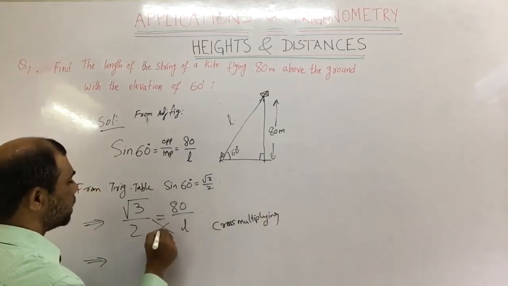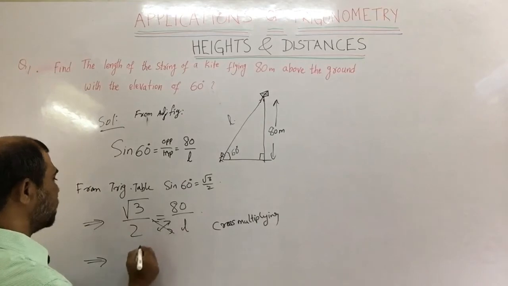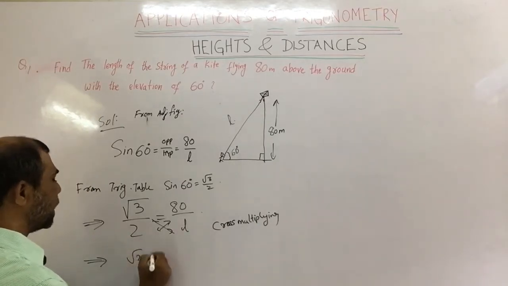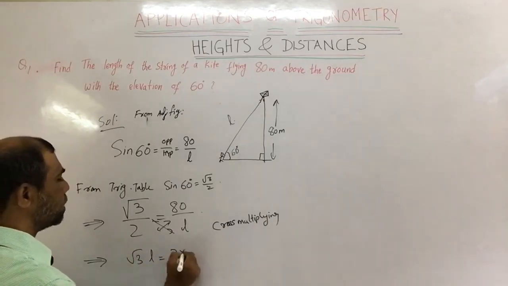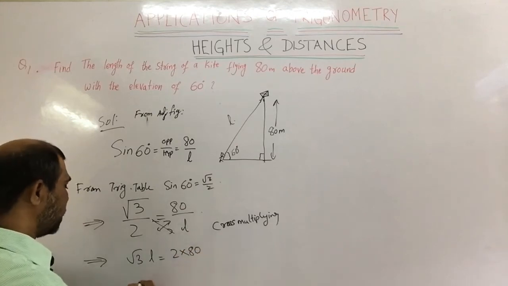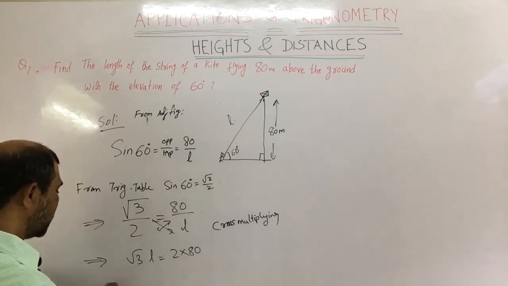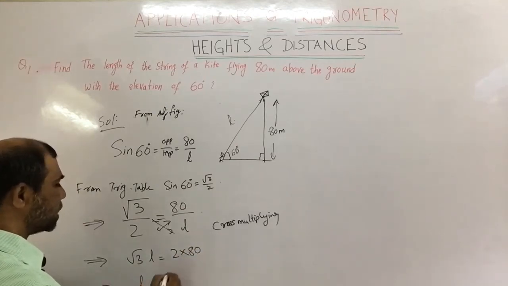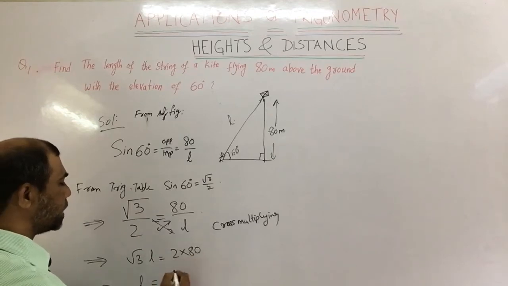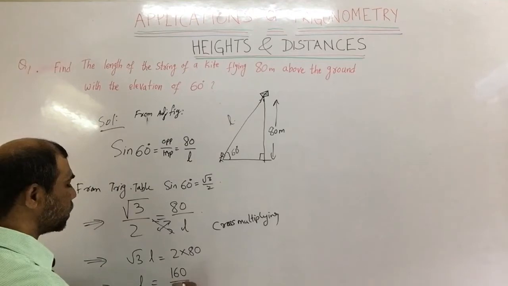Cross multiplying, what you get here, square root of 3 times L is equal to 2 times 80, and finally you get L, the length of the string, is equal to 2 times 80, it is 160 over square root of 3.